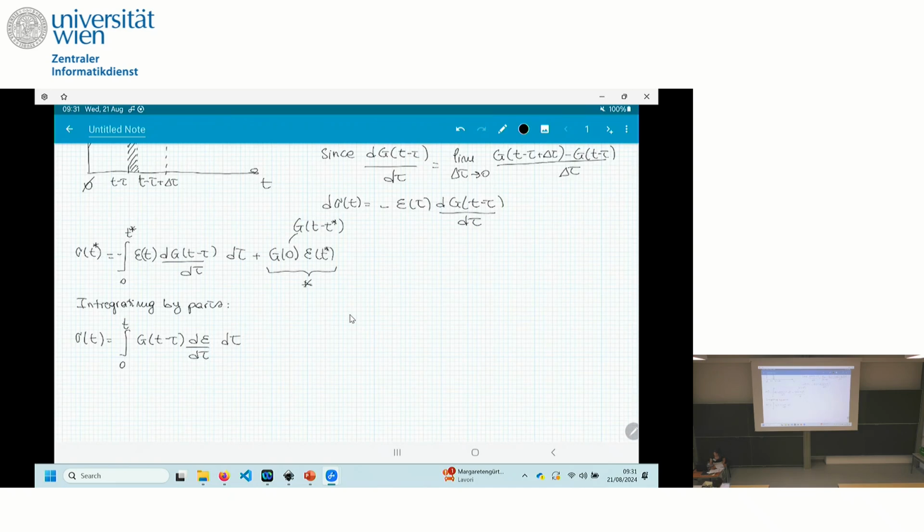And this is the fundamental equation in linear viscoelasticity, which is also known as the Boltzmann integral.